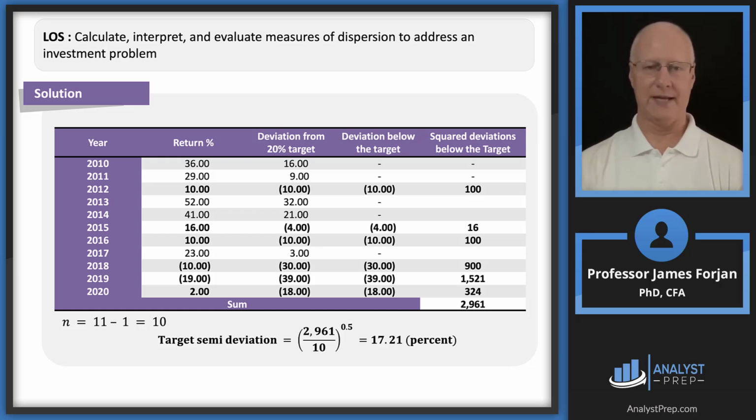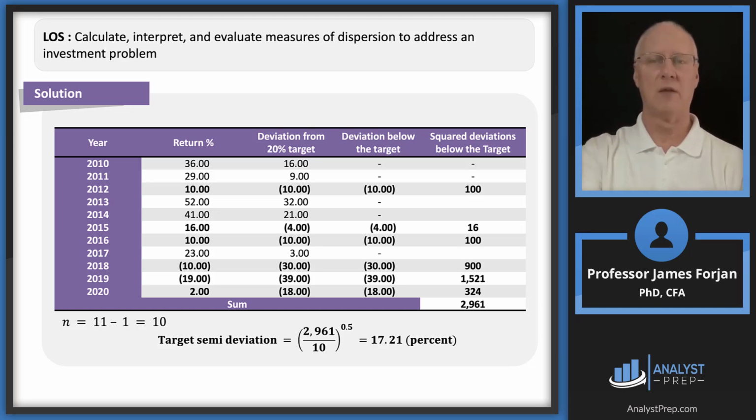Well, we need to put together a table for this. So there's the column for the years, there's the column for the returns, and then we have a deviation from the 20% target. So just do in that first row, 36 minus 20 is 16, right? 29 minus 20 is 9. And so you do that all the way down for the third column.